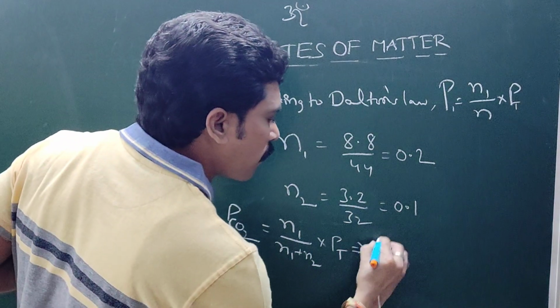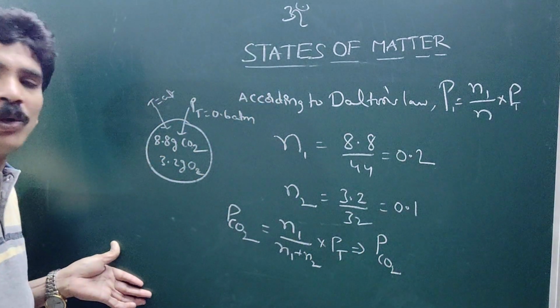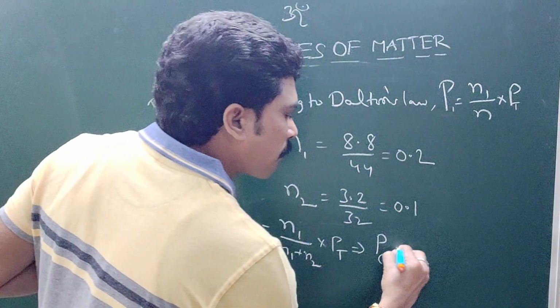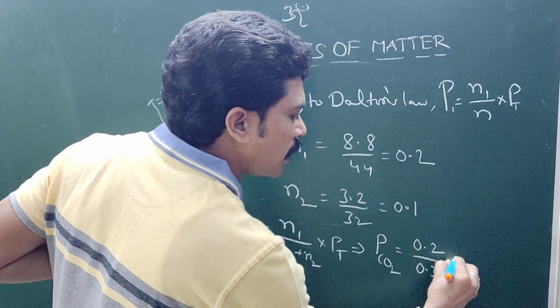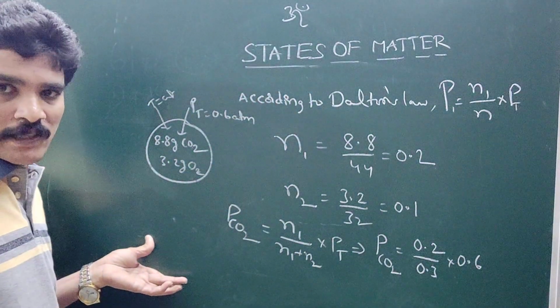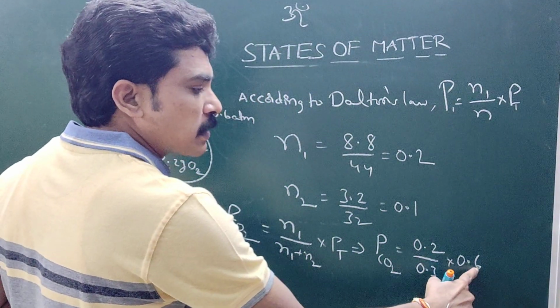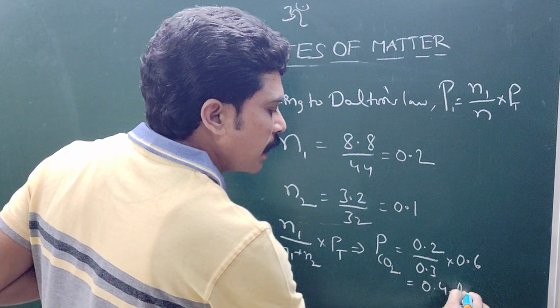By using this formula, the partial pressure of carbon dioxide is equal to moles of carbon dioxide, 0.2, by total moles, 0.3, into total pressure, 0.6. That value is 0.4 atm.